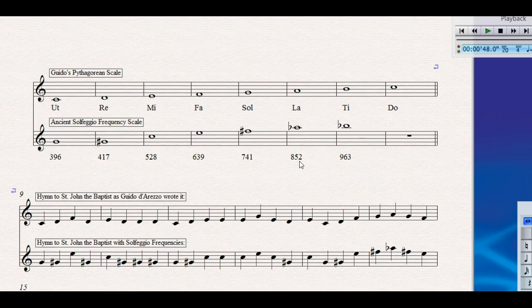Now here's the thing. If you compare this scale with the one that's above it, you'll see how nice and symmetrical these all look going up the scale. When you're looking at temperament, the Pythagorean temperament, which is what was used at Guido's time, is not that different than equal temperament.